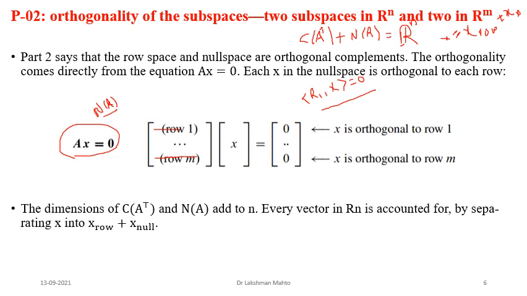One more thing I should recall: if you take any vector from Rn, the n-dimensional space, that vector can be decomposed as x row and x null, where x row comes from the row space and x null comes from the null space. That is the decomposition.